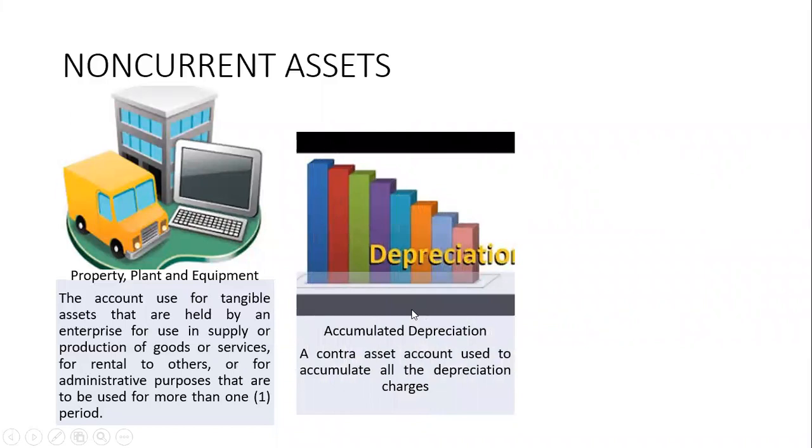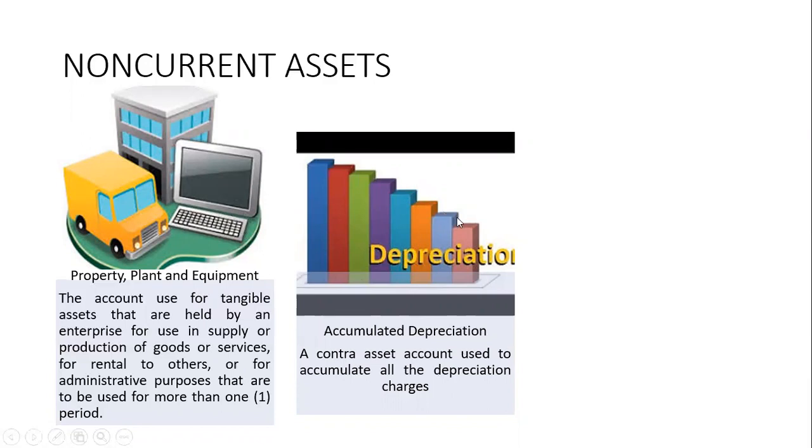The next one is accumulated depreciation. So, this is a contra asset account used to accumulate all depreciation charges. So, ano pala yung depreciation? So, this is an allocation of the property, plant, and equipment. Kasi nga, it's because of passage of time or di kaya use. Di ba yung property, yung value niya is nagde-decrease by time.